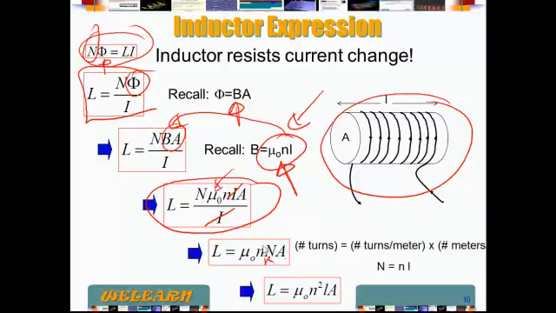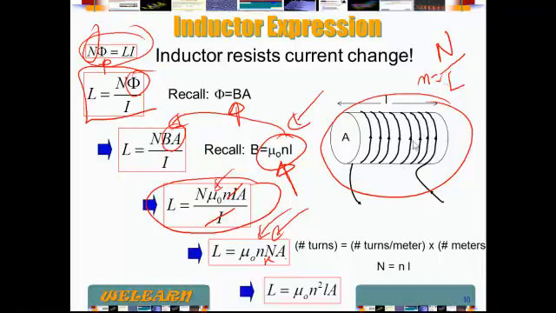Notice also we have lowercase n and capital N. Capital N is the total number of loops in the solenoid. Lowercase n is going to be the total number of loops of the solenoid over the length of the solenoid.